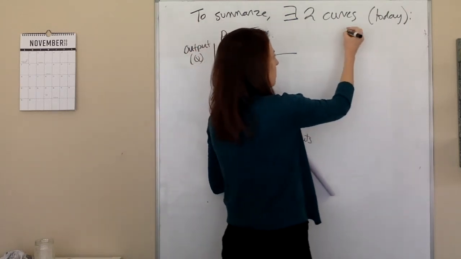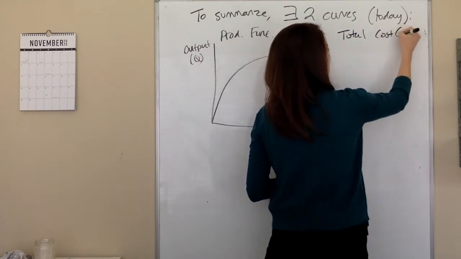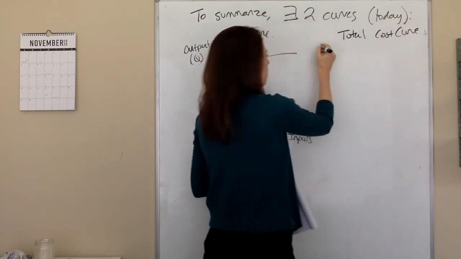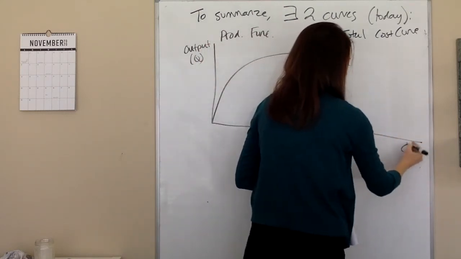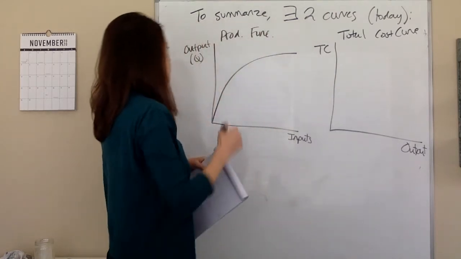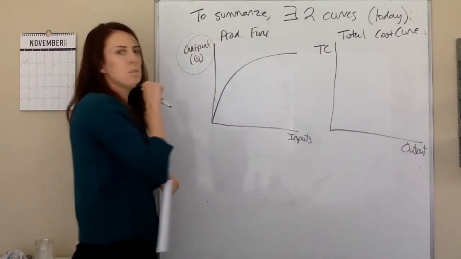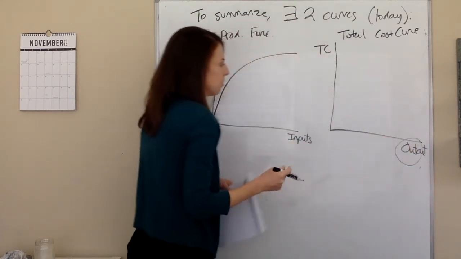The second curve that we looked at was the total cost curve. The total cost curve plots the total cost on the vertical axis against output on the horizontal axis. So note what used to be on the vertical axis for the production function is now on the horizontal axis for the total cost curve.